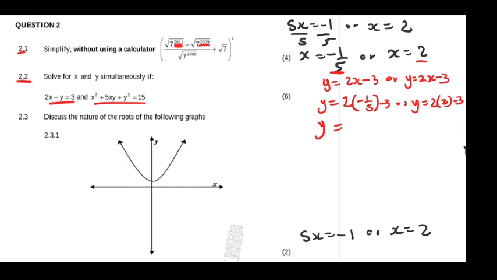So the first y value is going to be minus 17 over 5, or y is equals to 1. So these are our solutions of x and y, right? So we're done doing the simultaneous of this problem here.